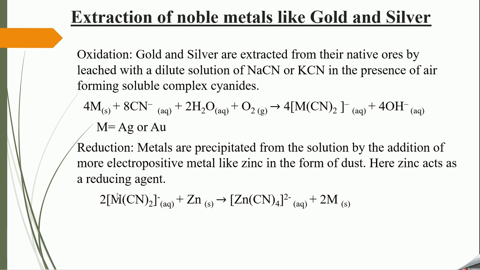The oxidation number in the metal cyanide complex is +1. In the free state it is 0 on the RHS. +1 to 0, there is a decrease in oxidation number, hence the reaction is reduction. So this is about extraction of noble metals like gold and silver by the oxidation reduction method.